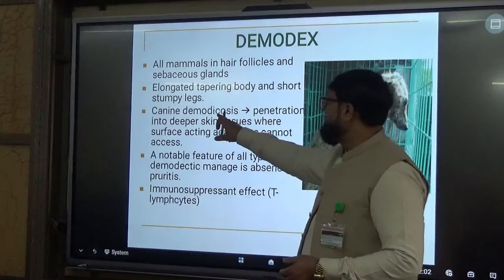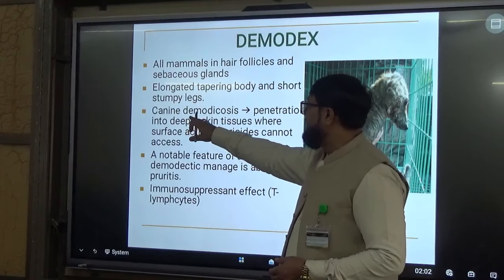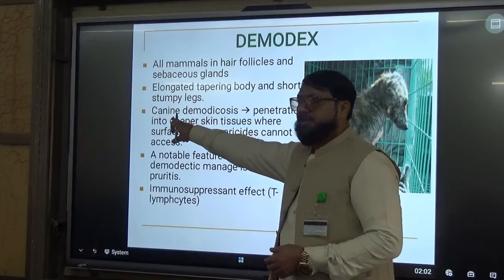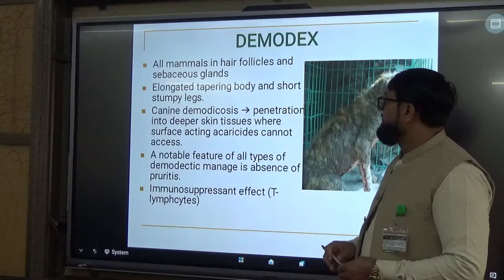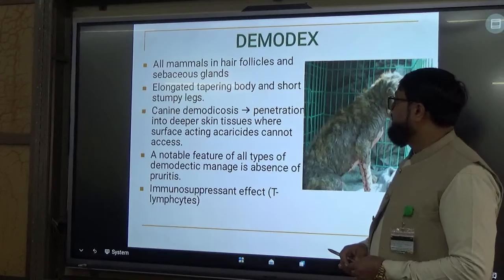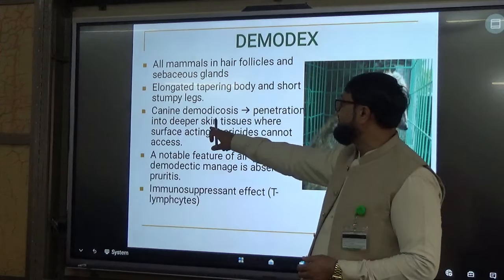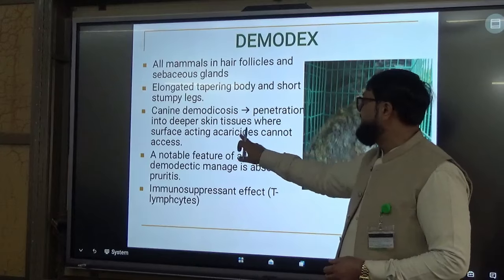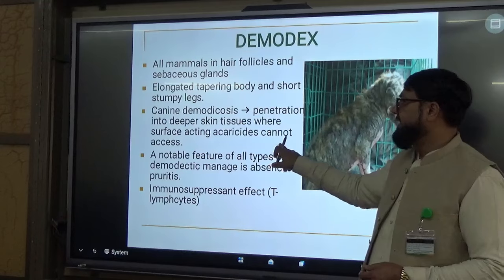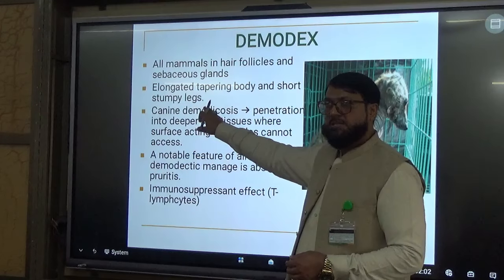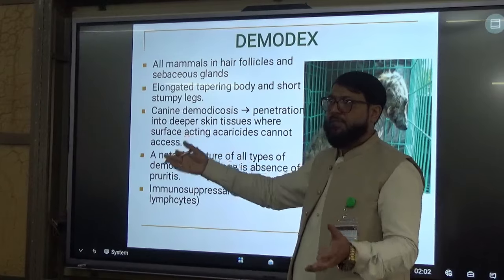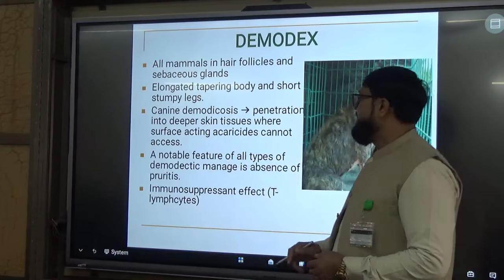They have short, stumpy legs. In canines, after the name of Demodex, the condition is called canine demodicosis, which is due to penetration into the deeper skin tissues where surface-acting acaricides cannot access, and it ends up as a severe situation.